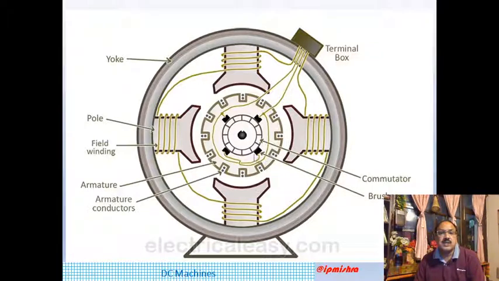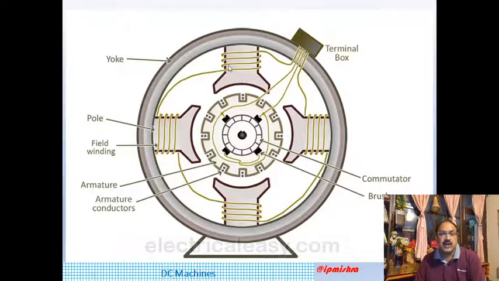And these brushes, see the brush axis. Brushes are along the interpolar axis. This is a pole, and this place is the interpole. On this interpolar axis, there are four poles, so four brushes will be there, two on this axis and two on this axis.